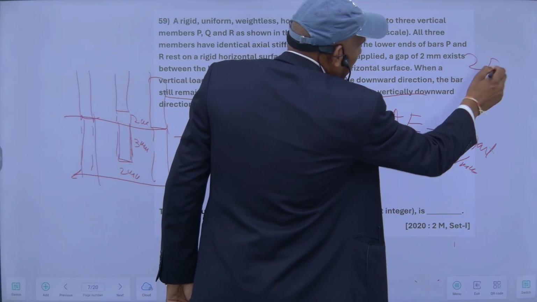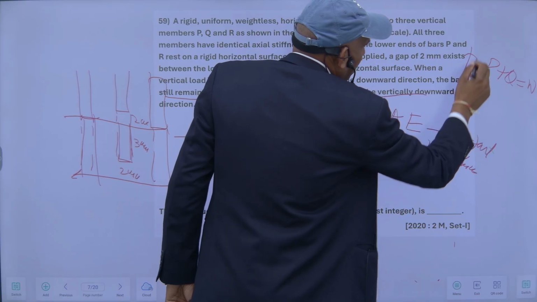So 2P plus Q is equal to W, or sigma V is equal to 0.